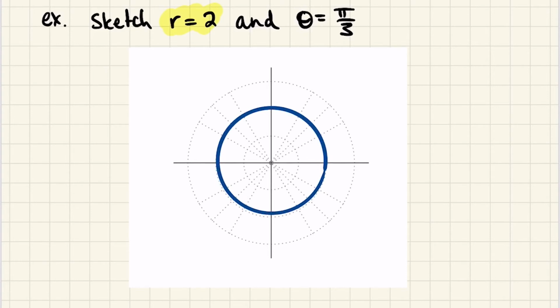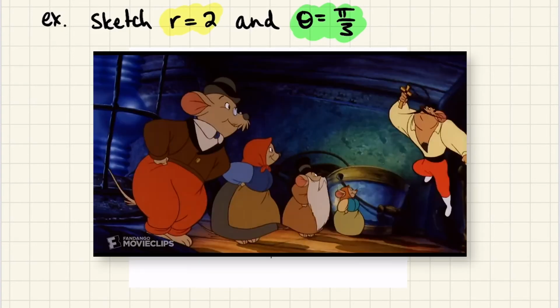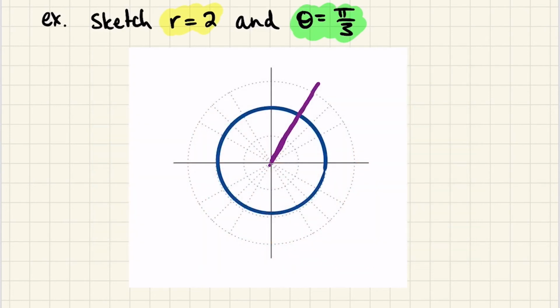Okay, let's also sketch theta equals pi over 3. And that would be just every single point in the polar coordinate system with a theta value of pi over 3. So of course, in standard position, we know that all the points along there have a theta value of pi over 3. But so do the points this way.